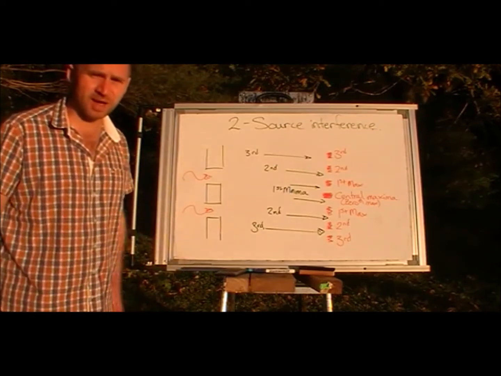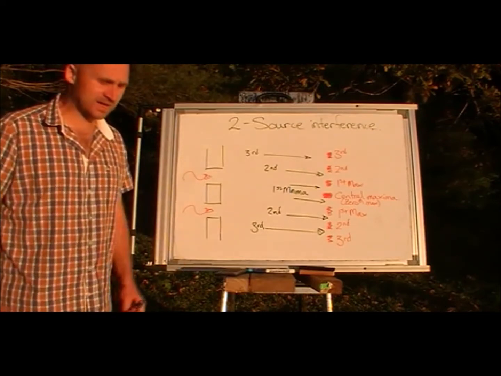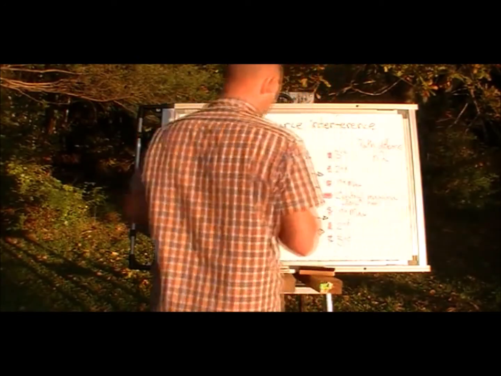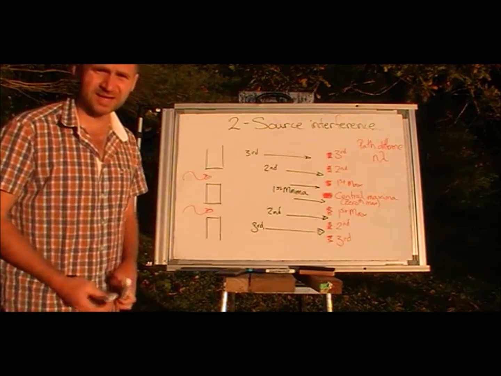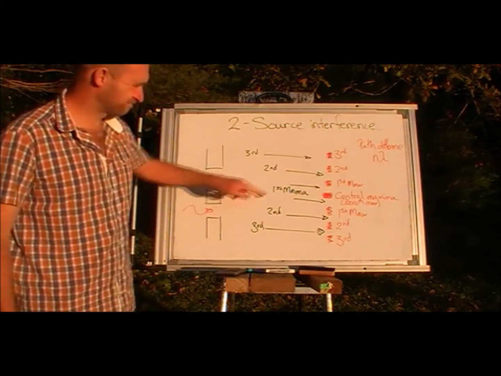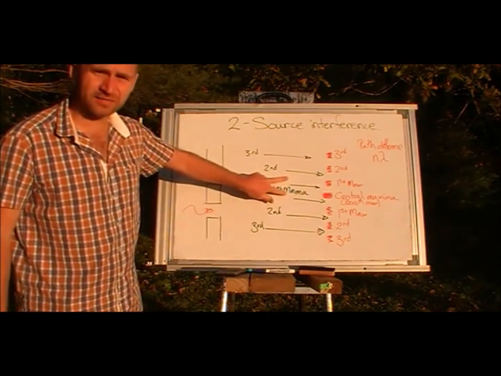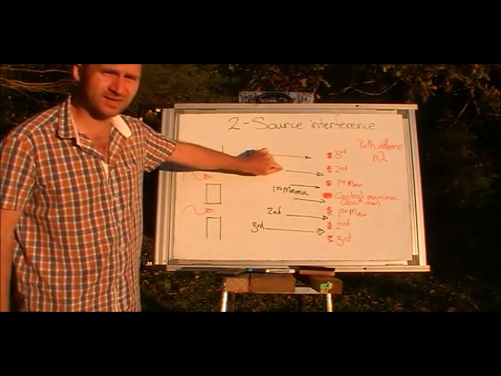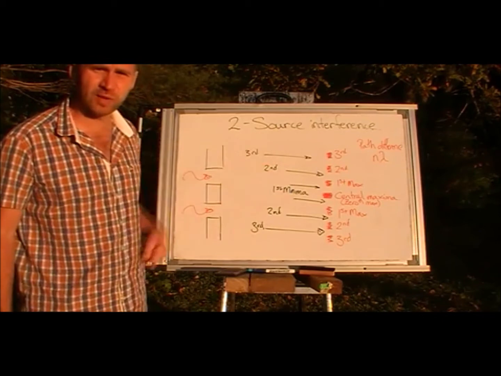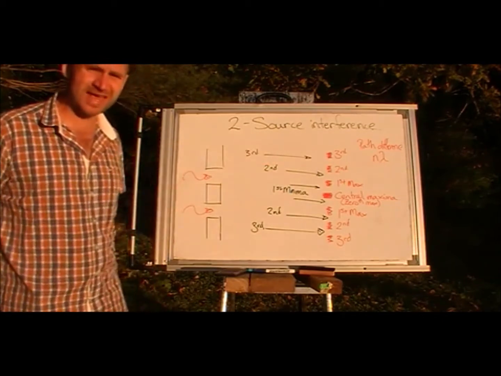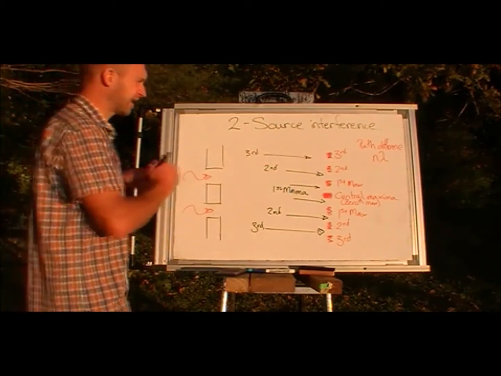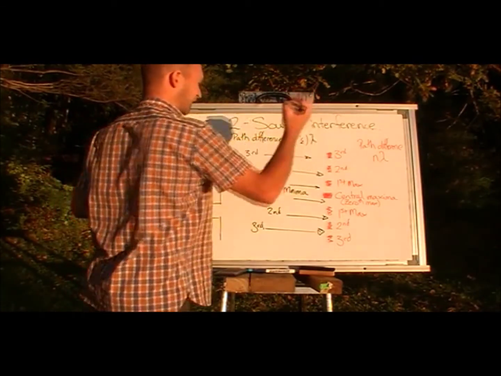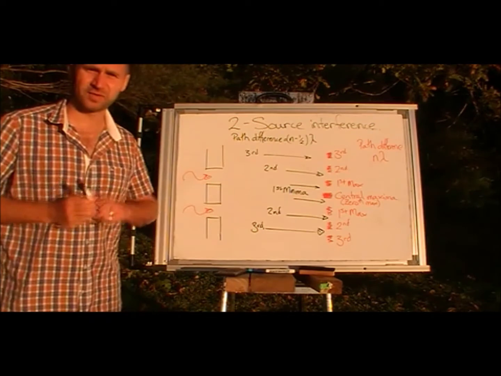If it's a maxima, it's going to be n lambda. And if it's a minima, it's going to be half a wavelength, 1.5 wavelengths, 2.5 wavelengths. How do we write that kind of algebraically? n minus a half wavelengths.